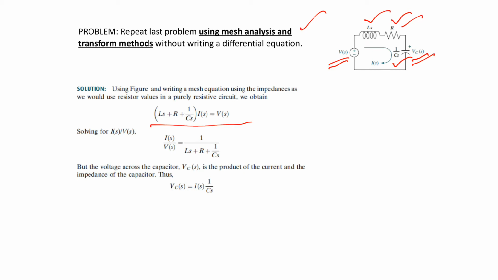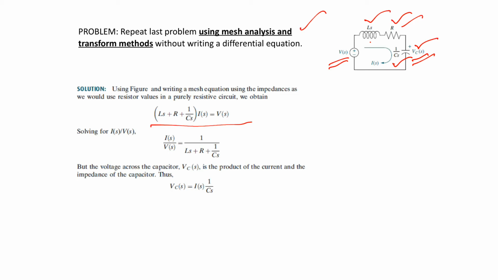We use the KVL, that is Ls into I gives the voltage here, then R into I, voltage here, then 1 by Cs into I, voltage across the capacitor, which is equal to Vs. And finally we get the relation between Is and Vs as 1 divided by Ls plus R plus 1 by Cs.